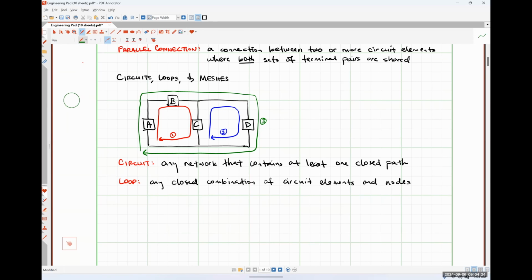So we're going to define a mesh to be any loop in a circuit which does not contain a smaller loop.